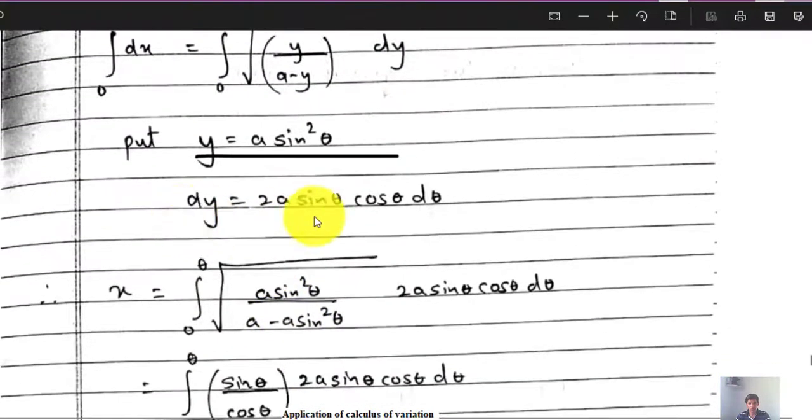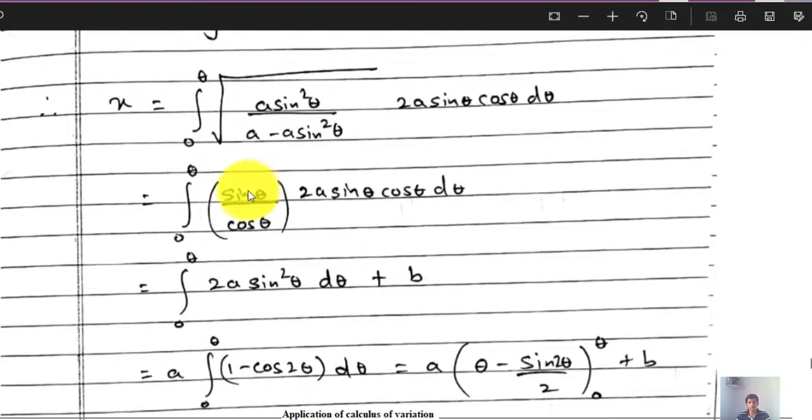Therefore after that, evaluation: this a I am taking outside, a gets cancelled, so sine square theta, and this 1 minus sine square theta turns out to be cos square theta, right? So this is cos square theta.